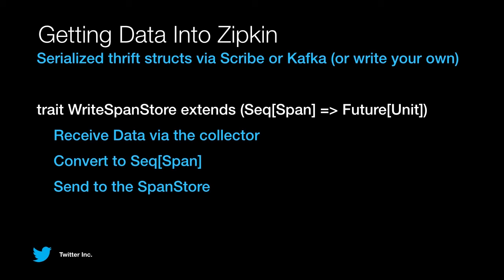That's all you need to store data into Zipkin. So whatever format you want to send to Zipkin, as long as you can convert it into a span or a sequence of spans, you're golden. So we receive data via the collector, convert it to a sequence of spans, and then send that to the span store.